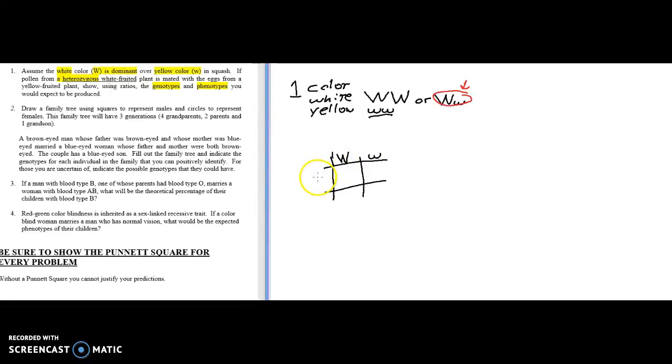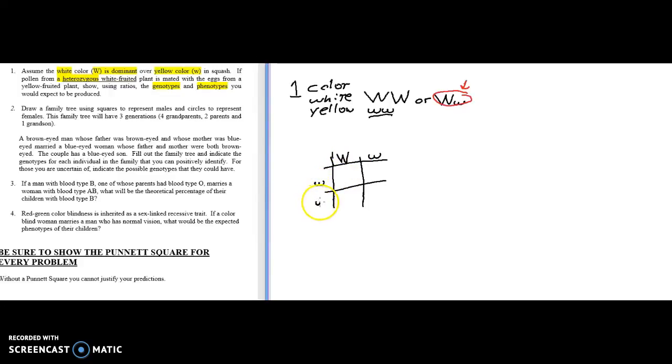We talked about the theory of segregation, the theory of independent assortment. Those alleles rip apart, and we don't know which of the W's will go to the child. It's a guess. It's a prediction. But we can make solid predictions based on the genetics of the parents. So one parent goes up here, and the other parent, which is yellow, will come down here.